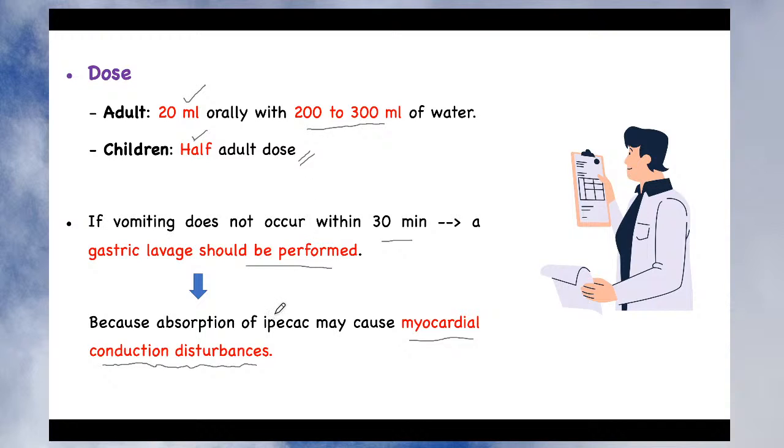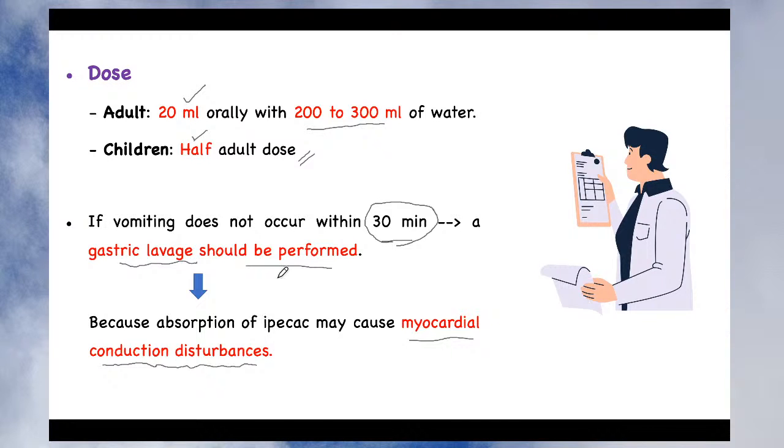So to avoid that, if there is no vomiting within 30 minutes, then you should conduct gastric lavage for that patient. There is no option. It will remove the poison, also it will remove your Ipecac syrup, and there won't be any action on the myocardium, and there won't be myocardial conduction disturbance.